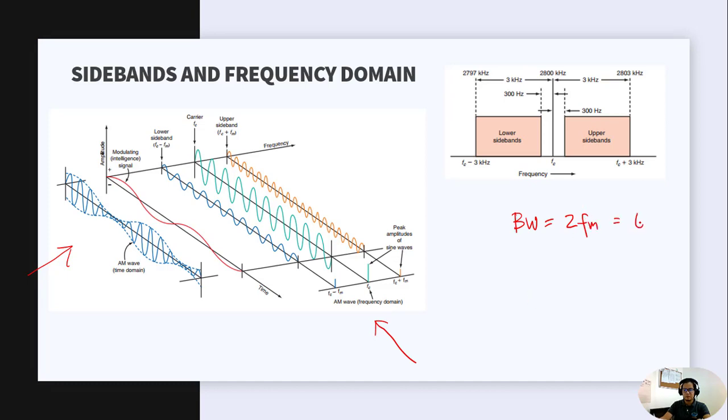So, it will be 6 kilohertz. Or pwede mo din gamitin, bandwidth is frequency of the upper sideband minus frequency of the lower sideband. So 2,803 minus 2,797, that is still 6 kilohertz, with the center frequency at 2,800 kilohertz. Okay? So, sana malinaw.